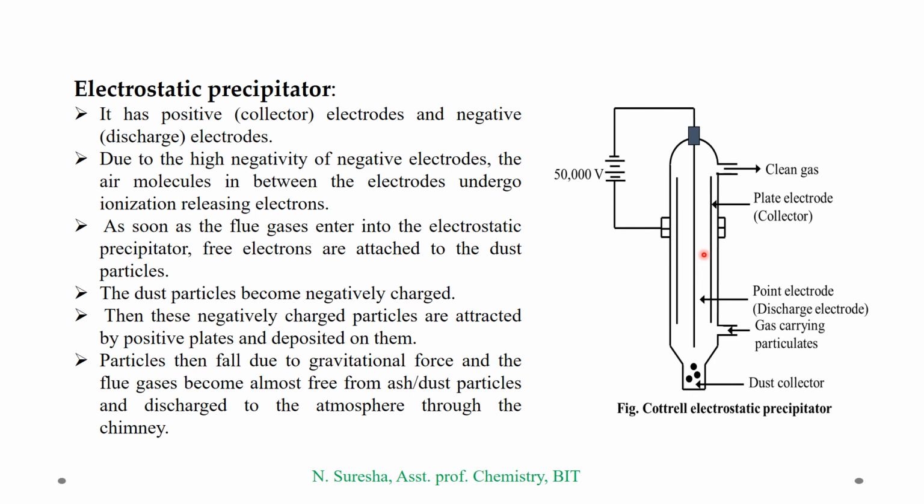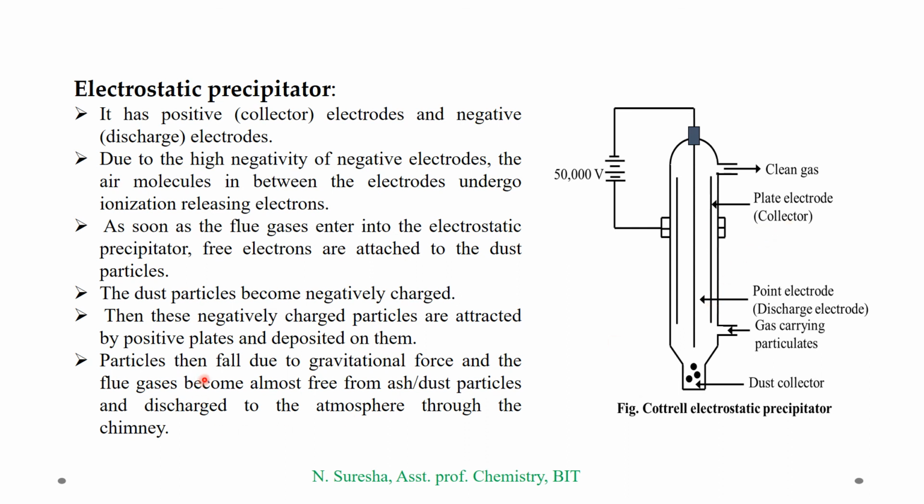When they become negatively charged, these particles will be attracted by the positive electrode kept on either side. So the particulates will be deposited on the surface of this positive electrode. Therefore, it is called the collector.